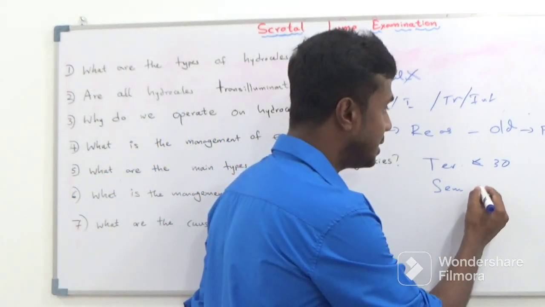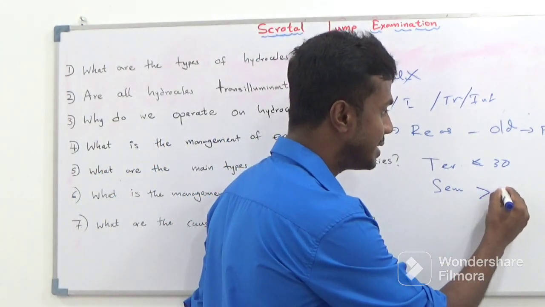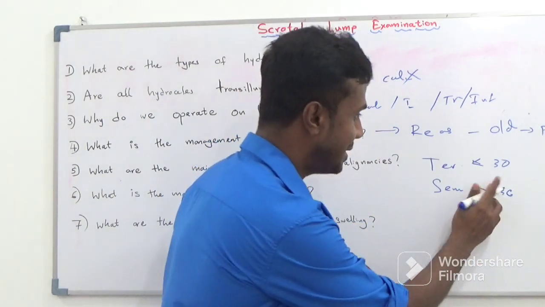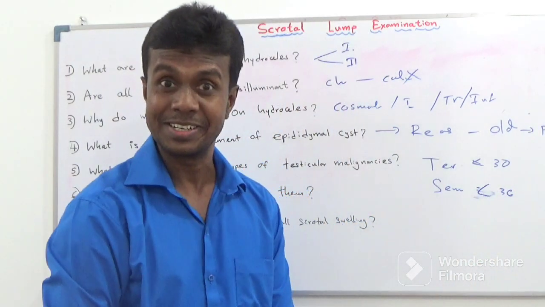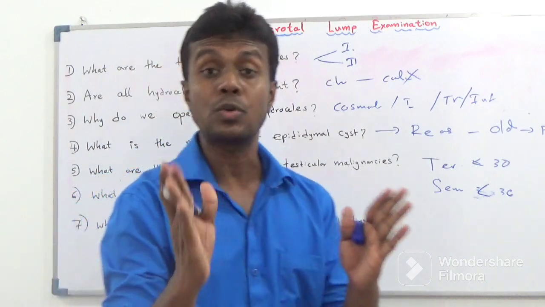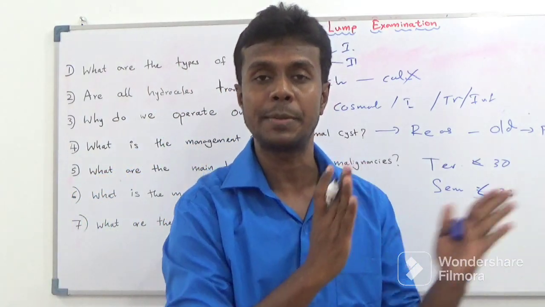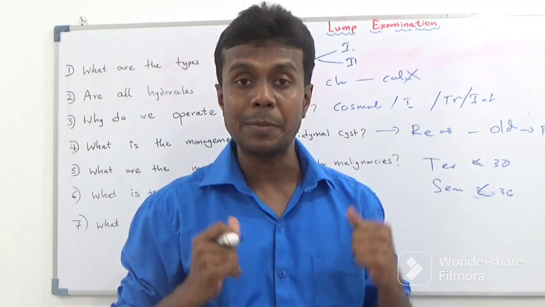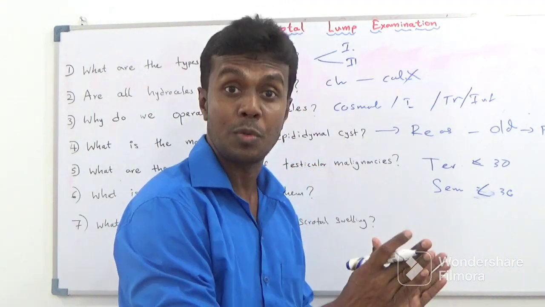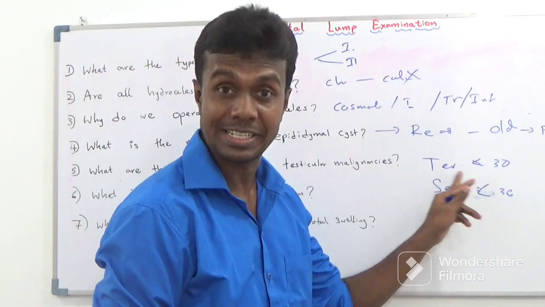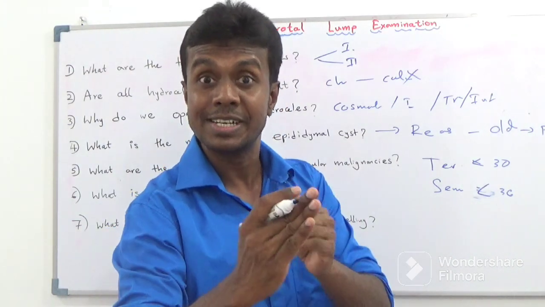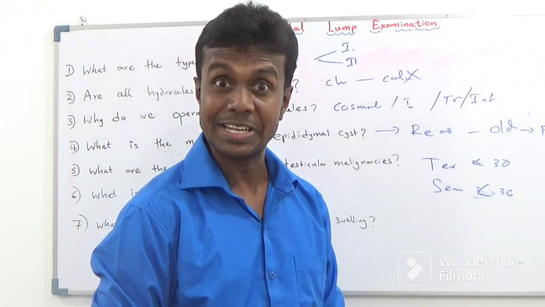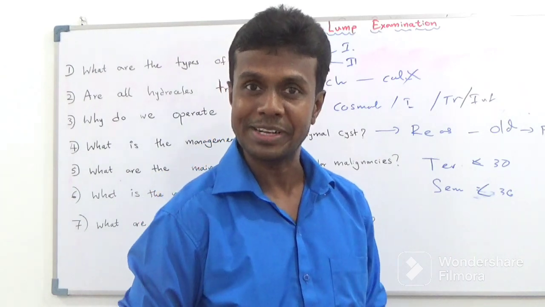Seminoma is more common in those more than 30 years. I think of it like this: teratoma young, seminoma senile age. That is how I remember it. It is dangerously easy to keep in mind.